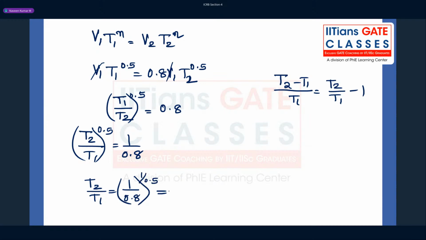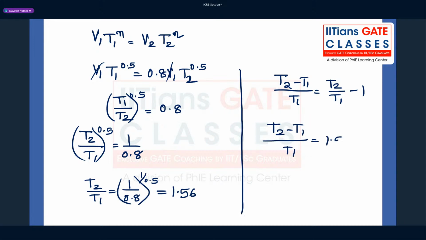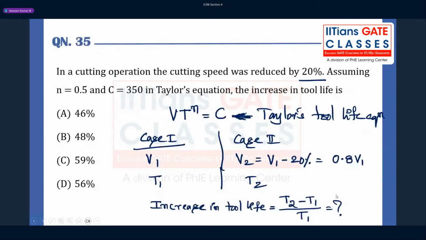You'll get around 1.56. So the increase in tool life is 1.56 minus 1, which is 0.56. Multiplying by 100, the answer is approximately 56%.